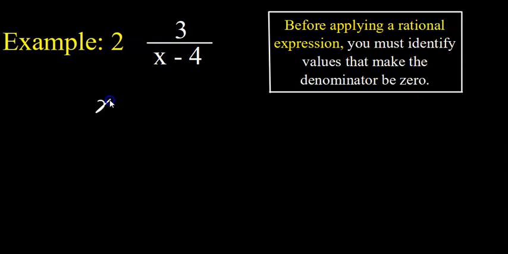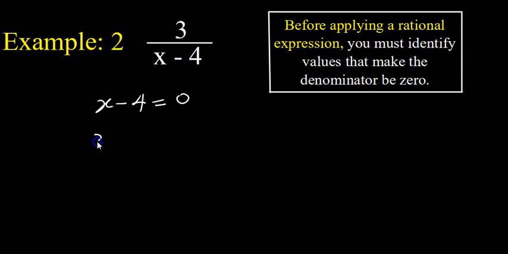So we have to equate x minus 4 to be equal to 0. Now we'll solve from here. We do the additive inverse, so that means we're going to add 4 to both sides.